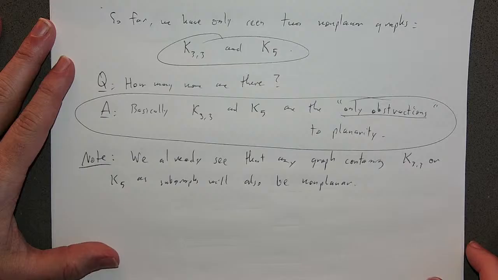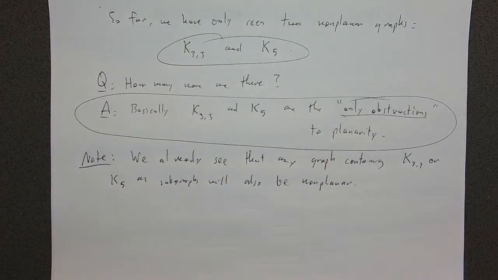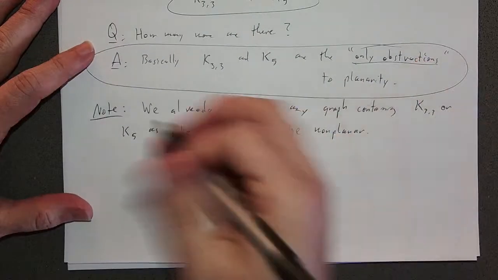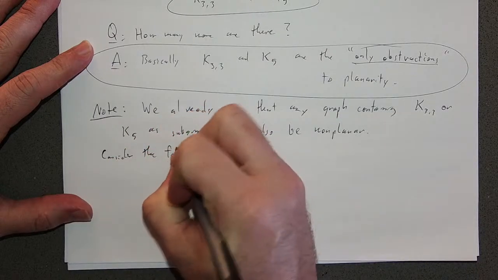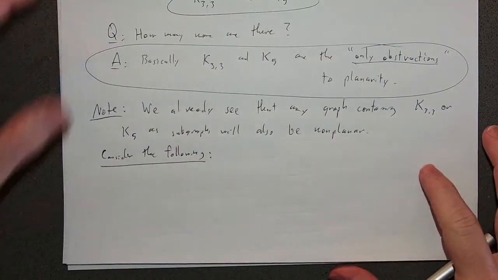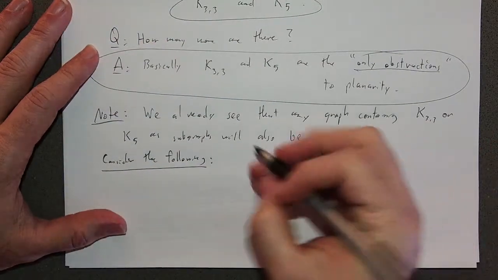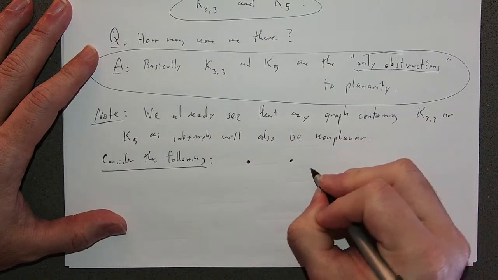So having these as subgraphs is no good, but let's consider the following. I'm going to draw the following graph.